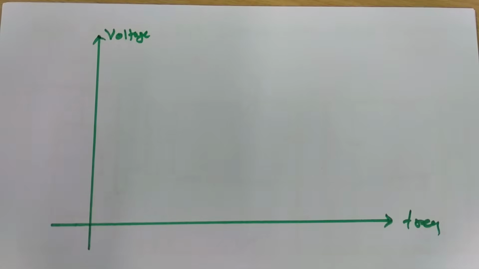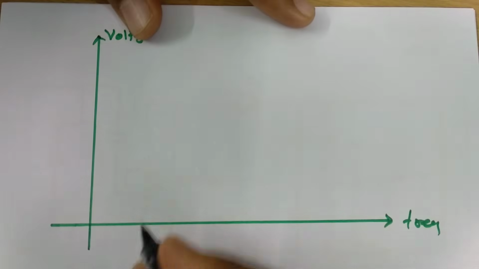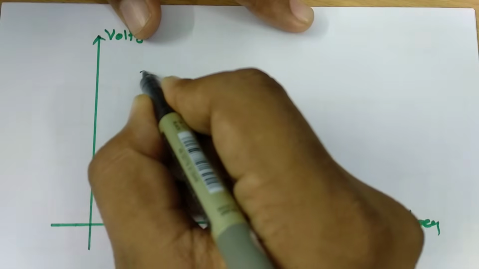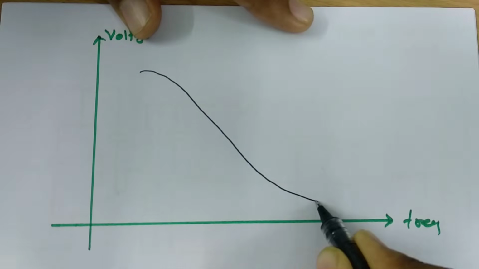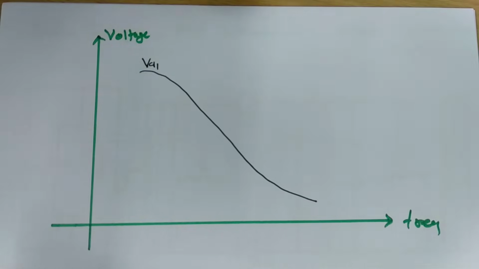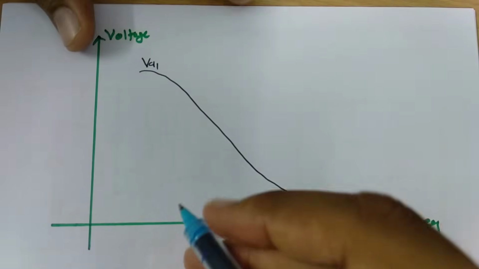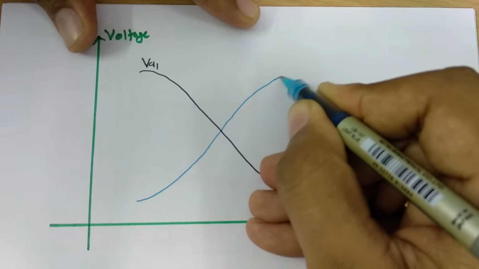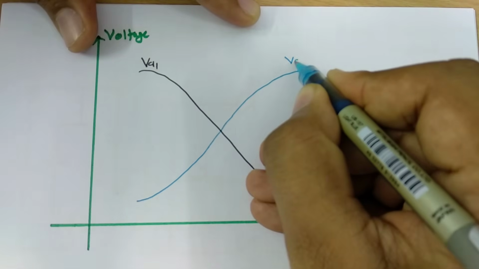Over here, if I say the characteristic of VA1, then you will find the characteristic of VA1 like that, and the characteristic of VA2 is like that. This is VA2.